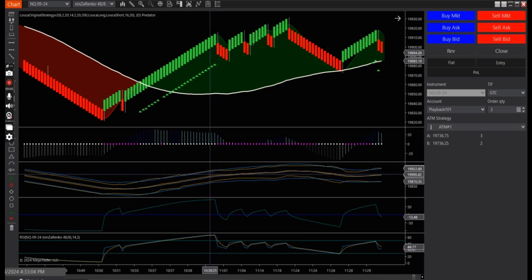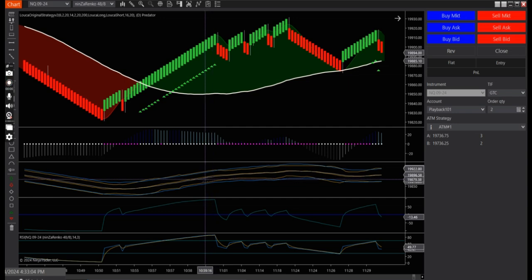So to see it from beginning to end, creating it and seeing how it works, I think that's a good way to understand the indicator. Also, the period that I'm using for both the Keltner and the Bollinger Band is 20.